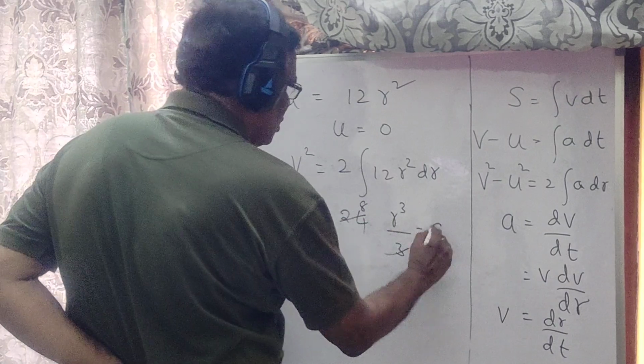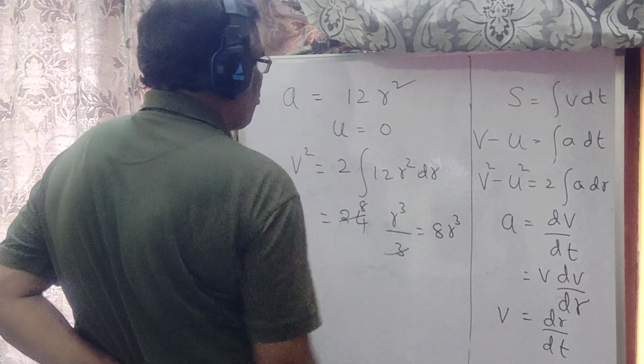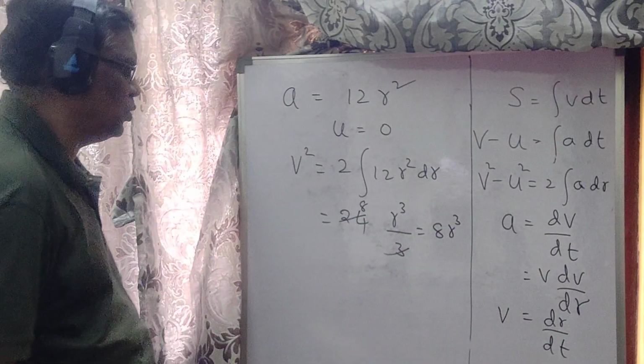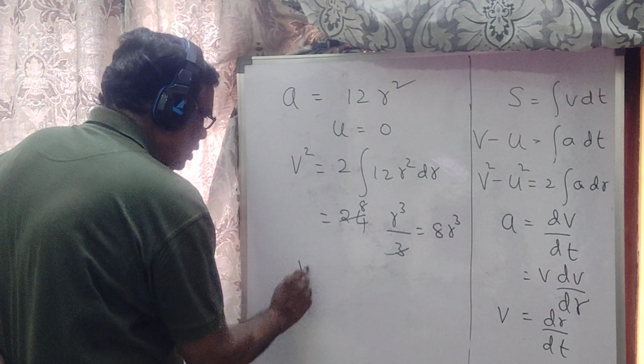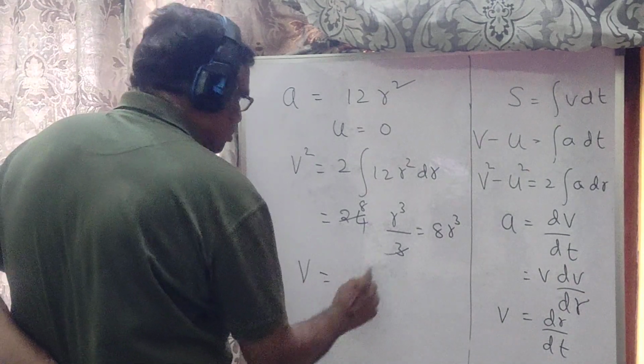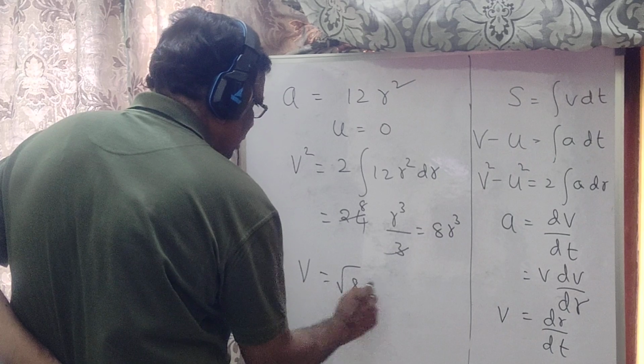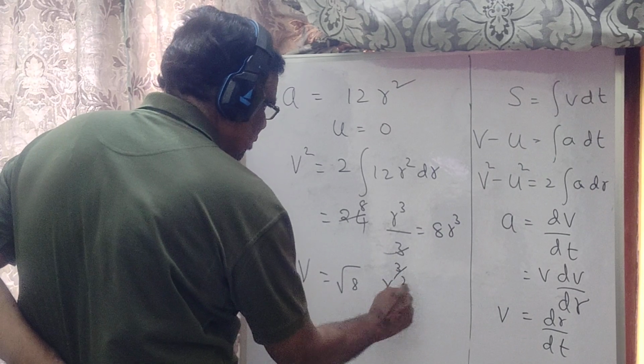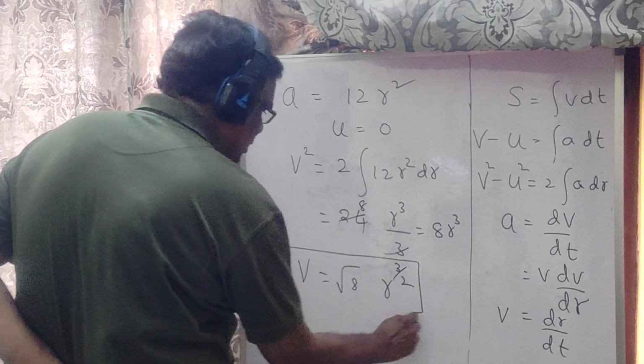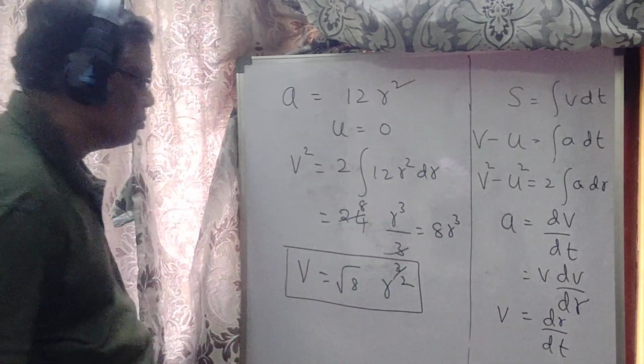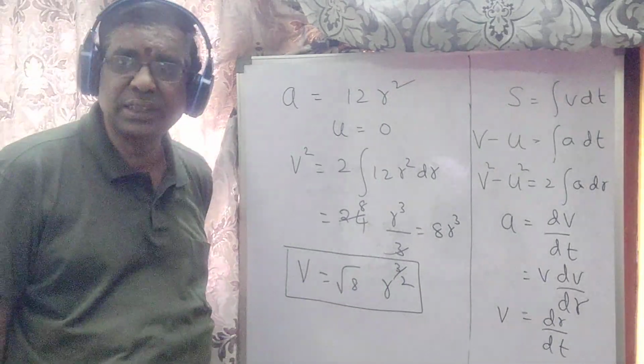And the whole answer becomes 8r cube. Now, v is equal to under root 8 r raised to 3 by 2. Now, v as a function of r, I have got it here.